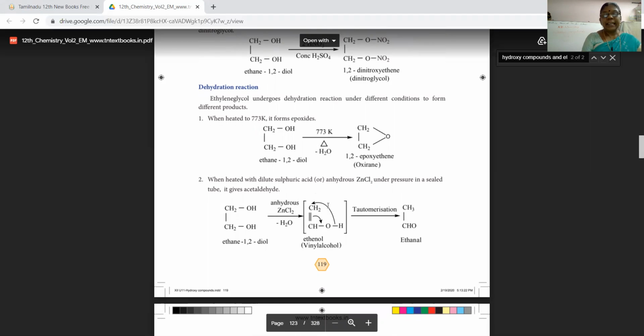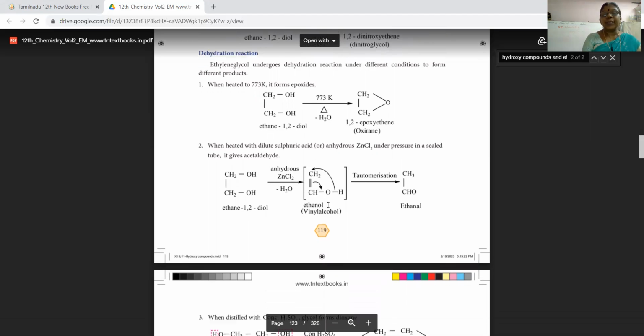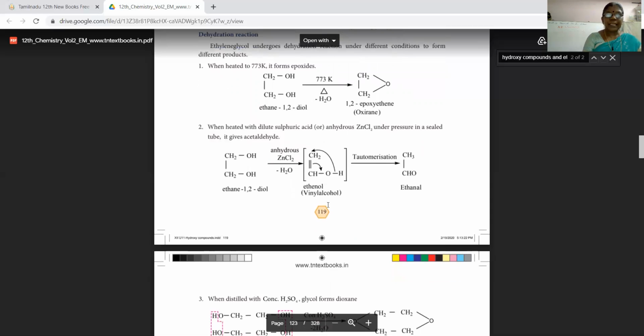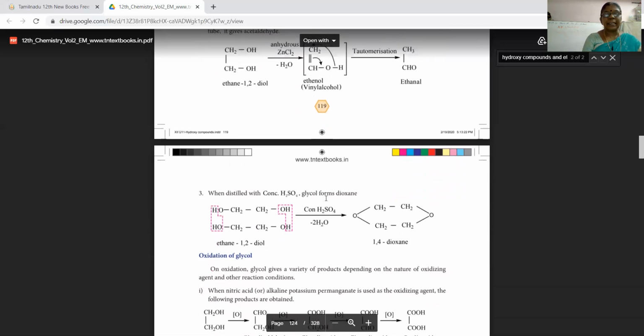Next, if it is treated with sulfuric acid or anhydrous zinc chloride under pressure in a sealed tube, it gives acetaldehyde. First it gives vinyl alcohol, which on tautomerization gives CH3CHO, that is ethanal, that is aldehyde.